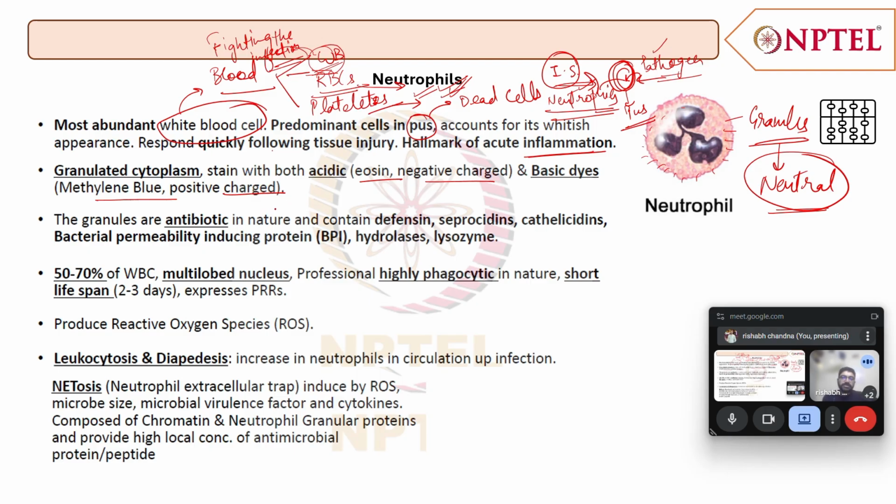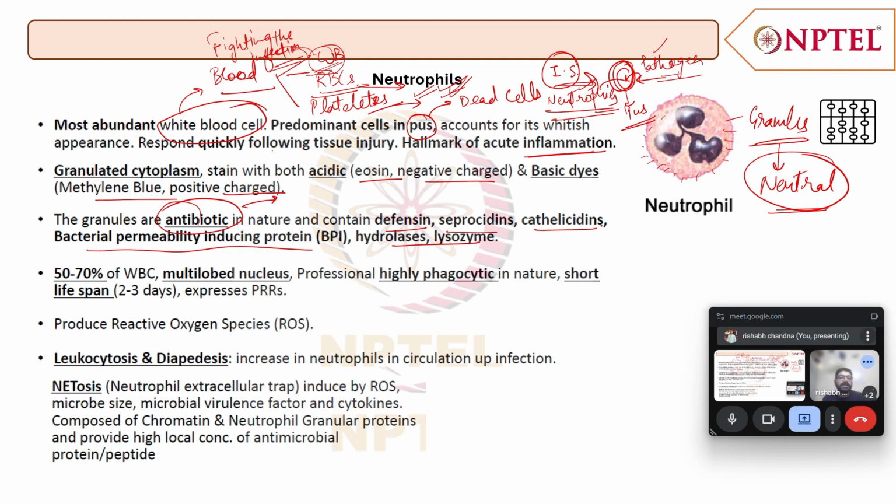That's why these are called neutrophils, because they can be stained by both. The granules are basically antibiotic in nature that can defend the body from the infection or the pathogens. They contain defensins, cephalosidins, cathelicidins, bacterial permeability proteins, hydrolases, and lysozyme.